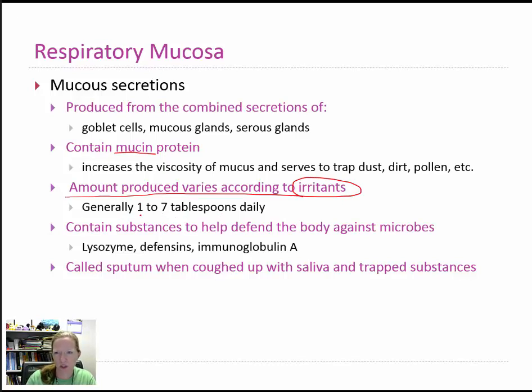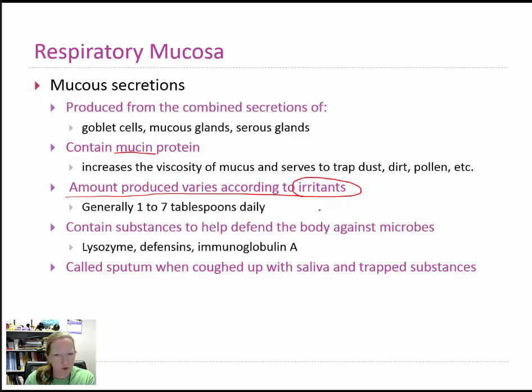It says we produce generally 1 to 7 tablespoons daily. That's a lot of mucus. But if you think about how there are a lot of structures in our body that produce mucus, I guess it's not that much. It's enough to help perform the tasks that it needs to, which is what we'll look at later.